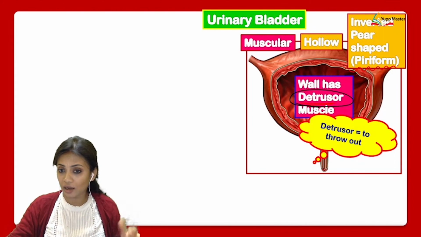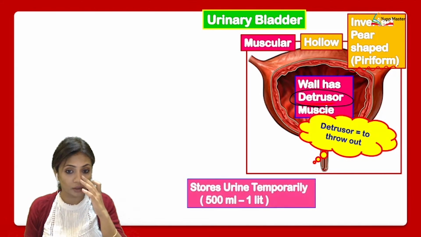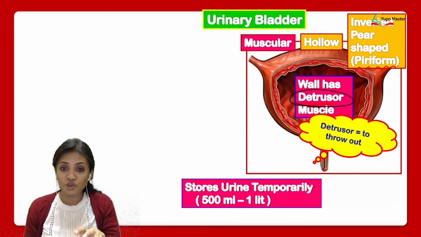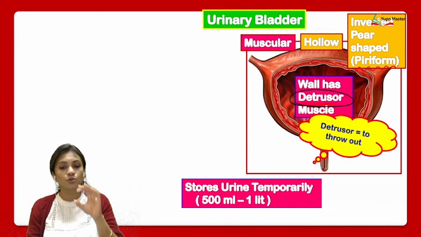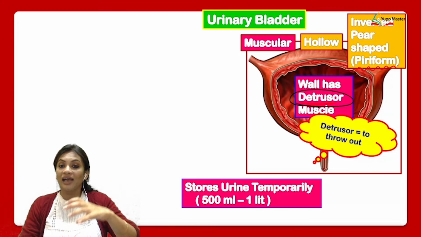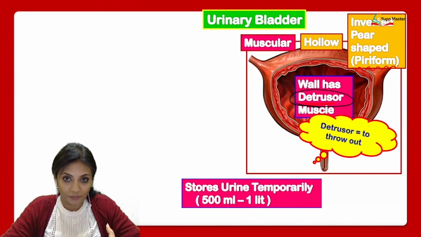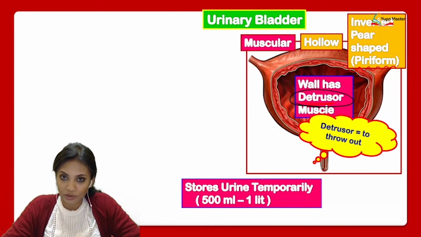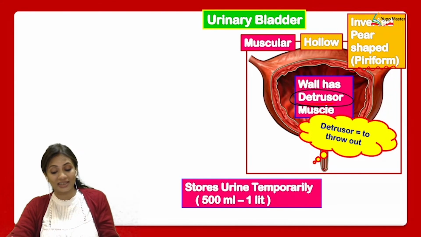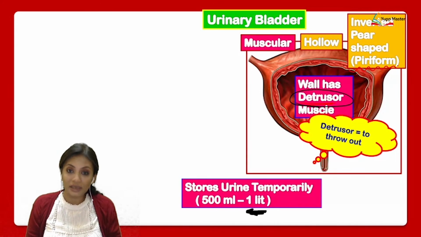Then next we see after the detrusor muscle, which we just spoke about, the main function of this urinary bladder is just to store urine. Remember, I told you that the bladder's capacity is around 1 liter, but not actually possible. Alright, so why is it called having a 1 liter capacity?